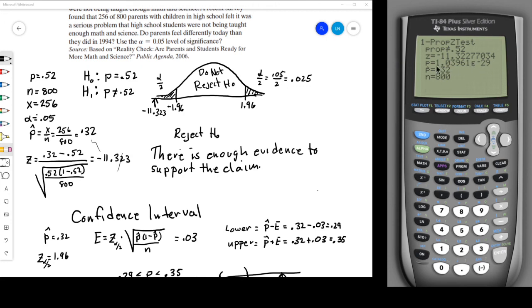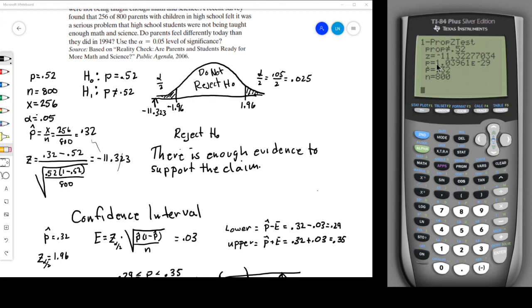What does this mean? Well, this means I have 1.04 times 10 to the negative 29th. That means there are 28 zeros before this 1 after the decimal point when I adjust for that.